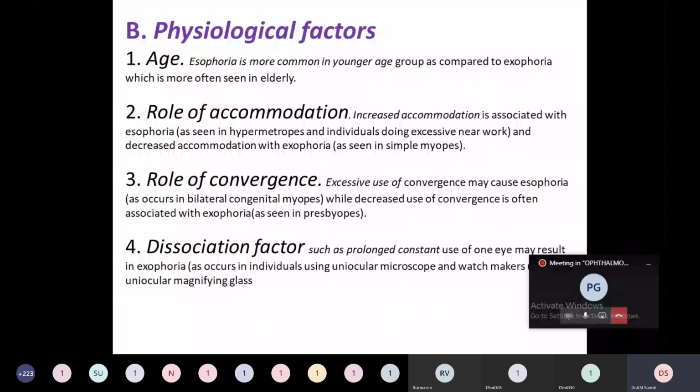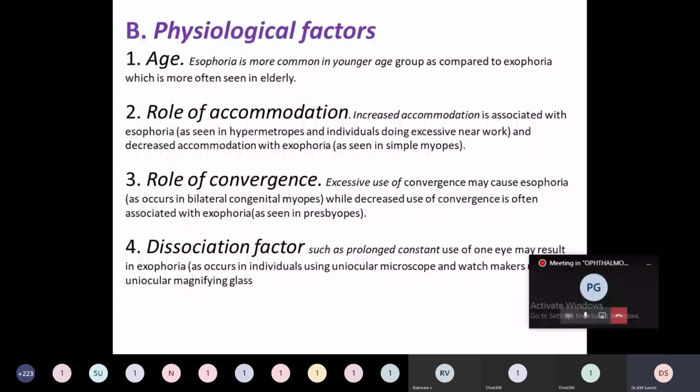elderly. What is the role of accommodation in causing heterophoria? Increased accommodation is associated with esophoria as seen in hypermetropes and individuals doing excessive near work, and decreased accommodation with exophoria as seen in simple myopic people. Role of convergence.